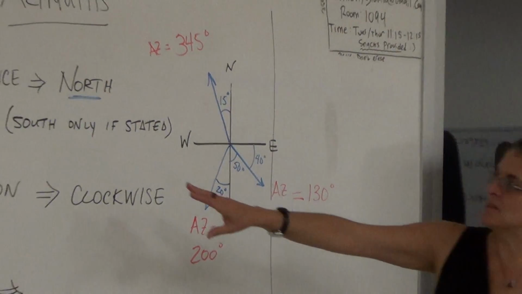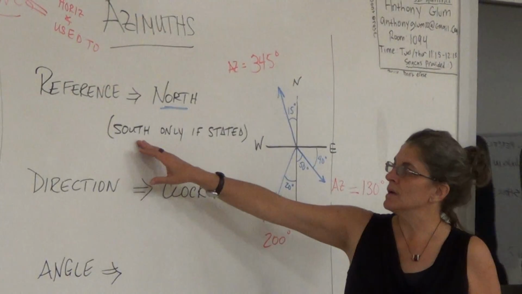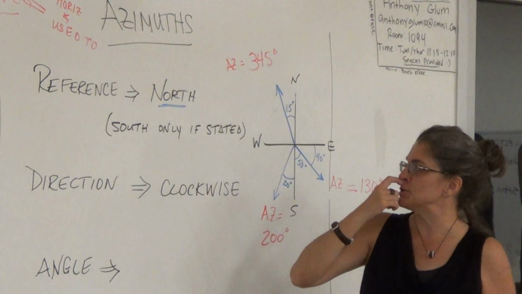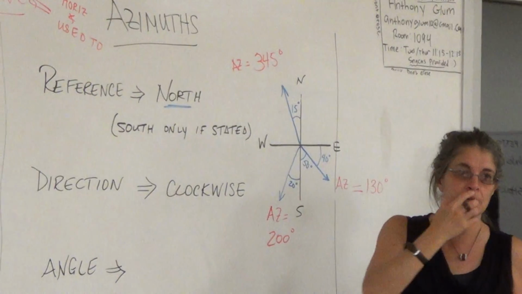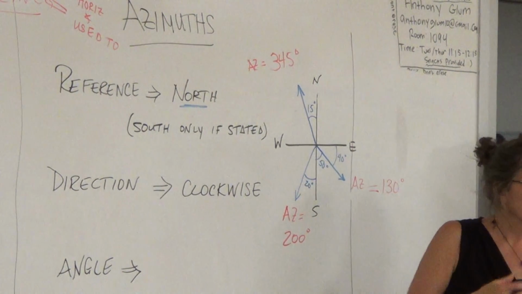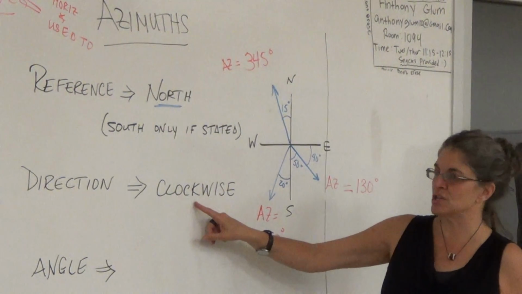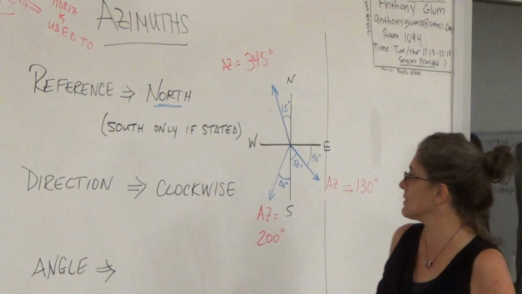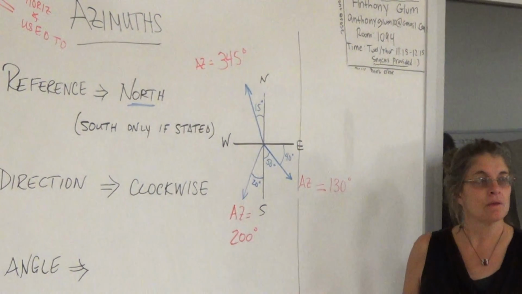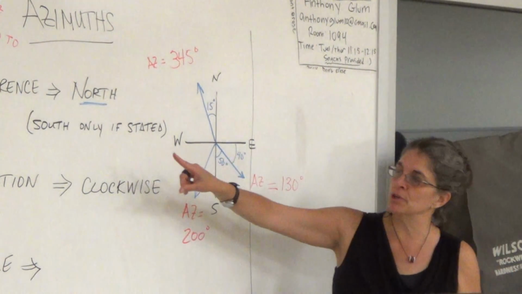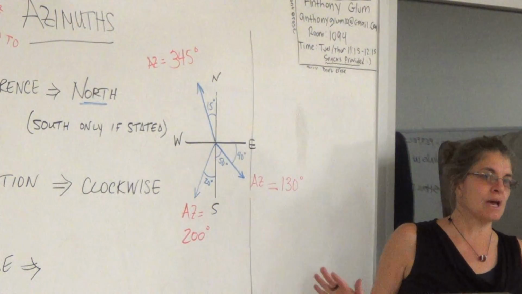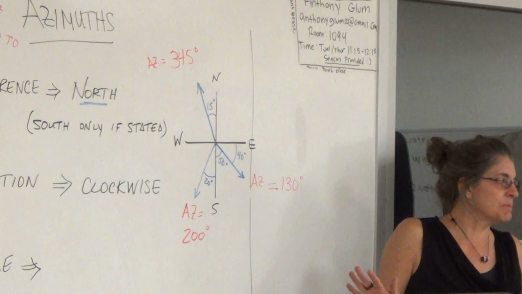Now I did say that sometimes the reference south is used, but it's got to tell you that it's the south azimuth. But the clockwise direction is still the same. In this class we're never going to use south azimuth because it's not something that's common.